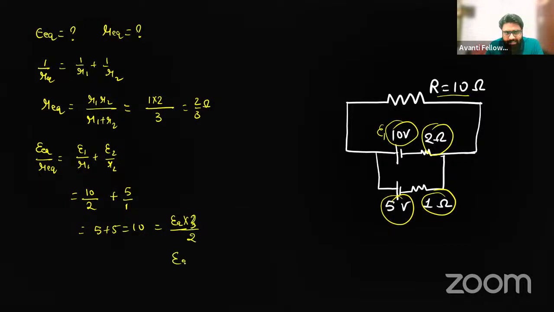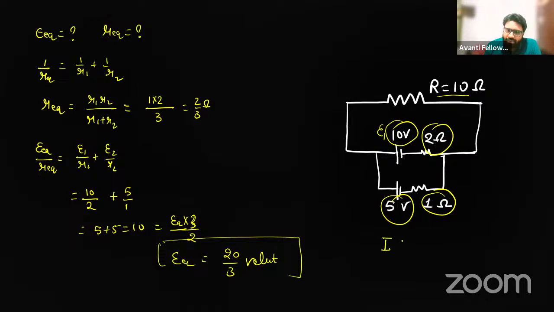So E equivalent here will become 20/3 volt. Who is saying that 2/3? 2/3 is the R equivalent, good, but E equivalent is 20/3. Okay?